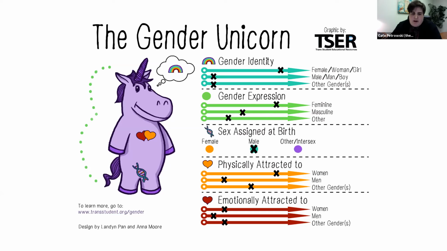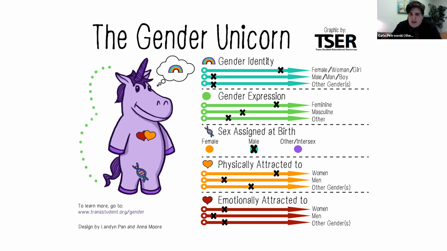And so one thing that I like about this gender unicorn is that it has all of these different categories under identity and expression and attraction, and a spectrum for each of them. So you can be somewhere on the spectrum for all of them.